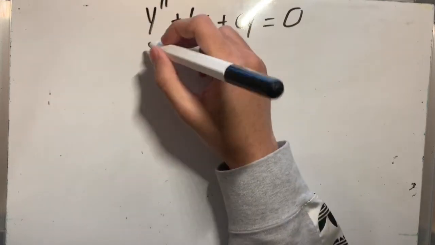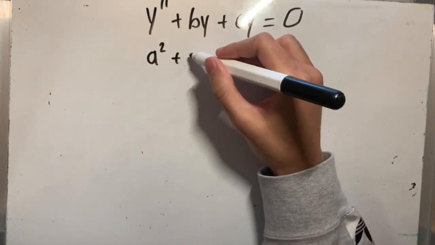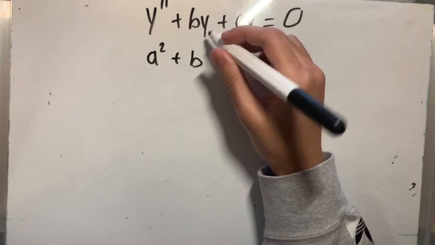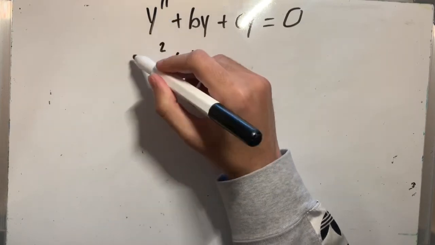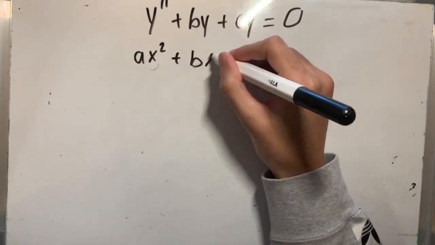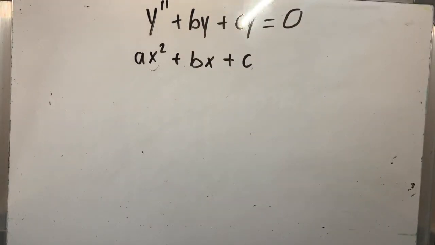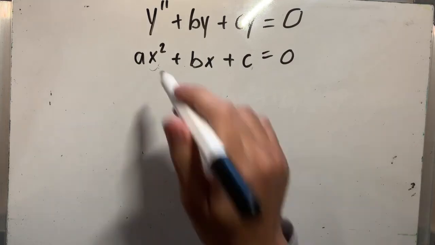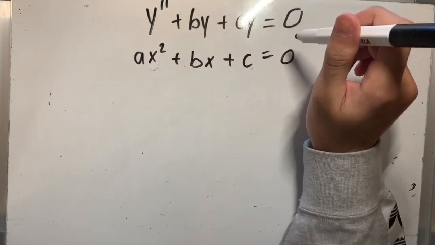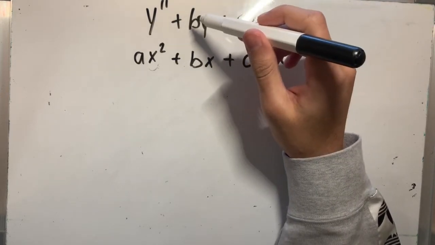This probably looks familiar from the form ax squared plus bx plus c, because they are nearly the same. And these are second order homogeneous equations with constant coefficients.